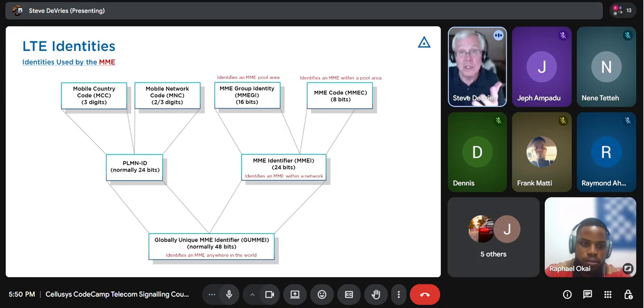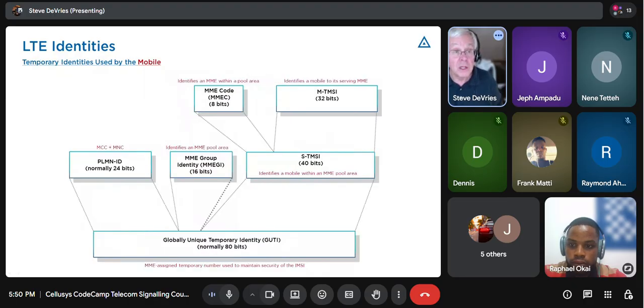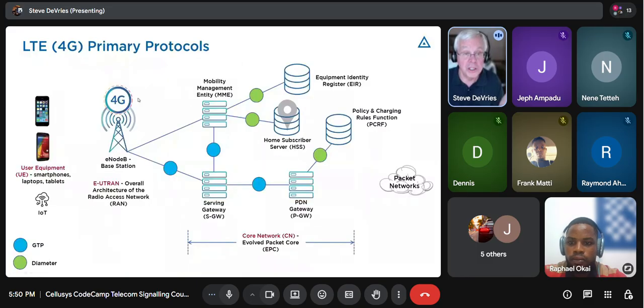We talked about the TMSI, the temporary mobile subscriber identity, the IMSI, the international mobile subscriber identity, the mobile station roaming number. These are all just types of identities. And this is kind of the same thing here. So there are new identities that the mobility management entity uses with LTE and that the mobile uses. Okay, we'll just leave it at that. Just understand that there are new identities with 4G.